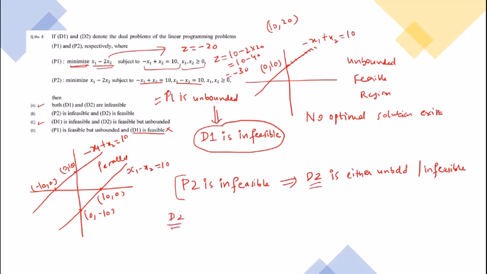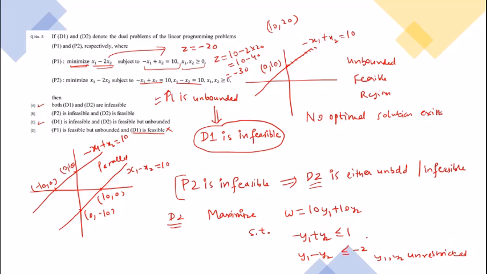Writing the dual of P2, it is going to be maximize W equal to 10y1 plus 10y2. I hope all of you are clear about how to write the dual, so I'm just assuming that and writing it directly. Minus y1 plus y2 less than or equal to 1, y1 minus y2 less than or equal to minus 2, and both y1, y2 are unrestricted.